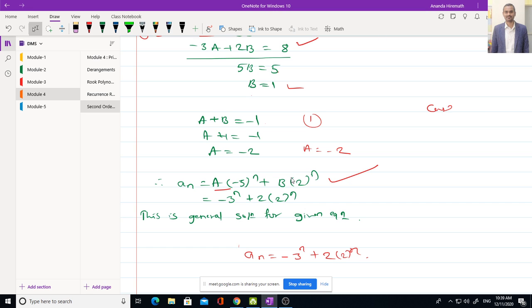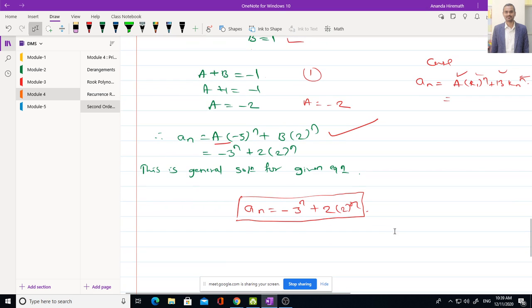So for case 1 we had an is equal to a k1 raised to n plus b k2 raised to n. If you replace all the values of a, b, k1, k2, then finally you are going to get an is equal to minus 2 into minus 3 raised to n plus 2 raised to n. So this is the required solution for the given problem. Thank you.